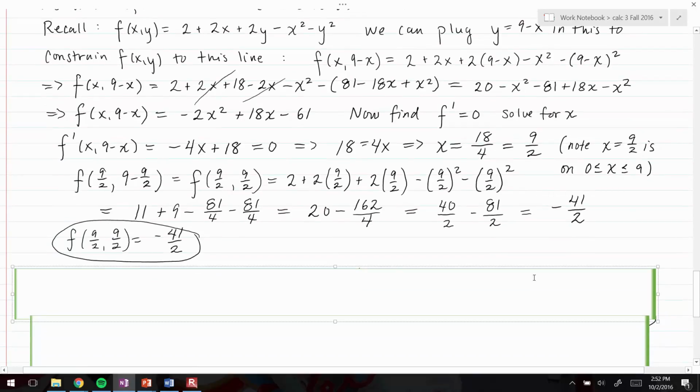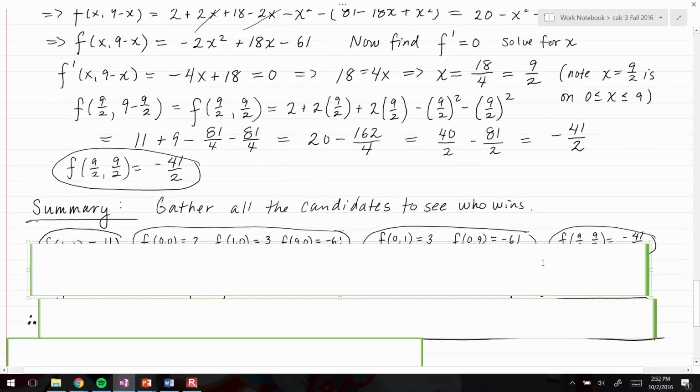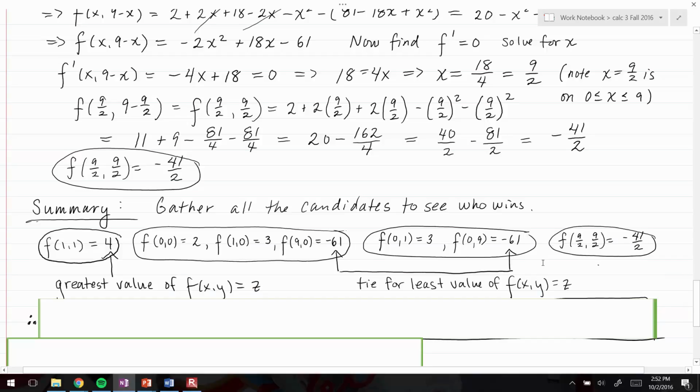So now we collect all the candidates, and then we just see which one yields the greatest of the z's, or f of x, y's, and which one's the least, and we report the greatest as the absolute max and the least as the absolute min.